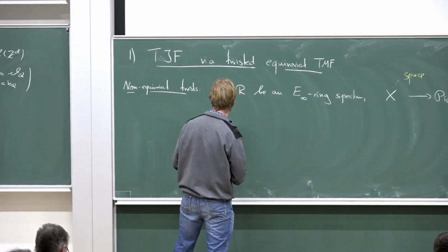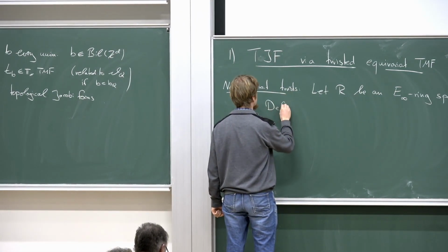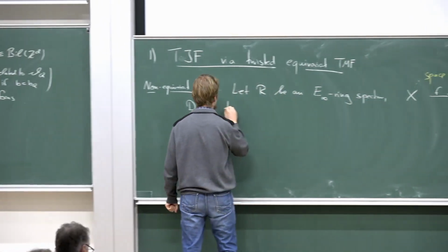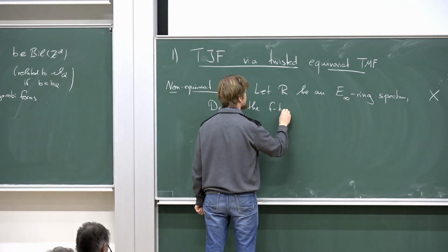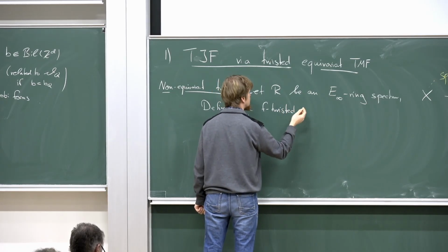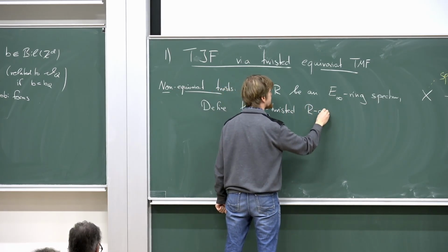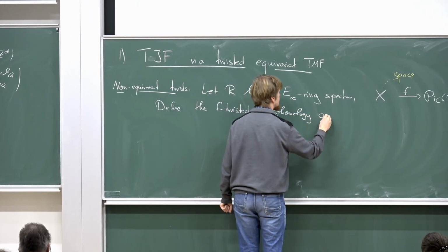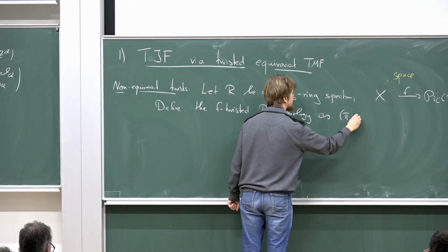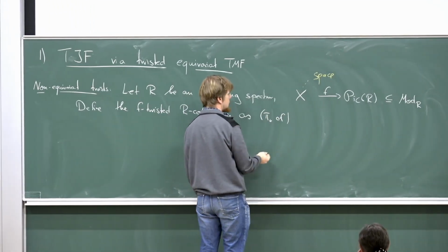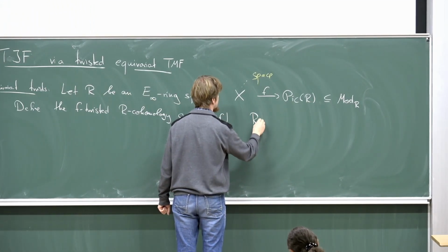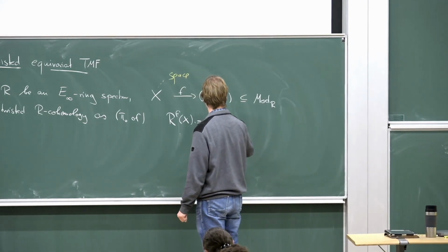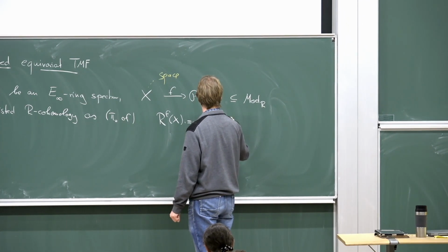Okay, then define, for f, the f-twisted R-cohomology, R^*(X; f), which is defined to be the limit over X of f.